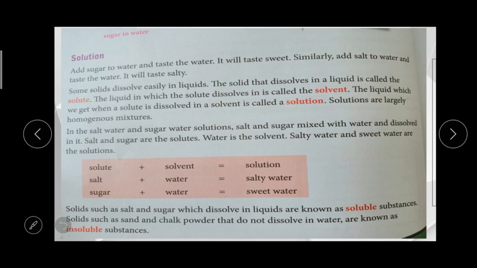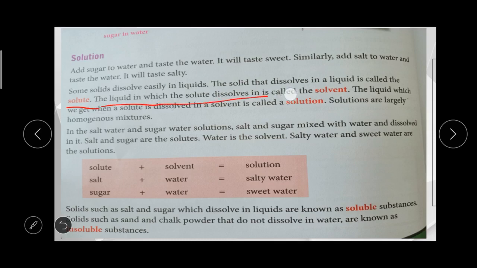The sugar we are mixing in the water, we call it a solute. The solid that dissolves in a liquid is called a solute.